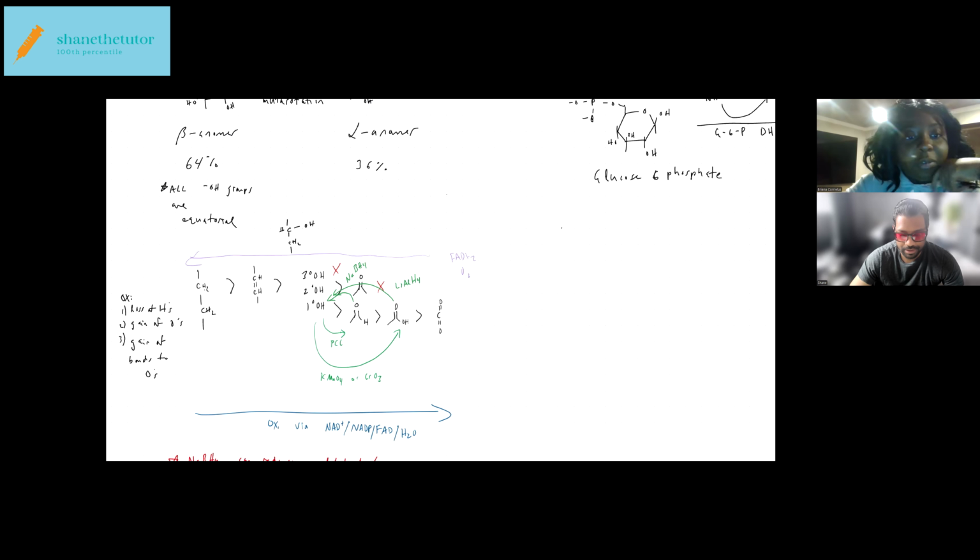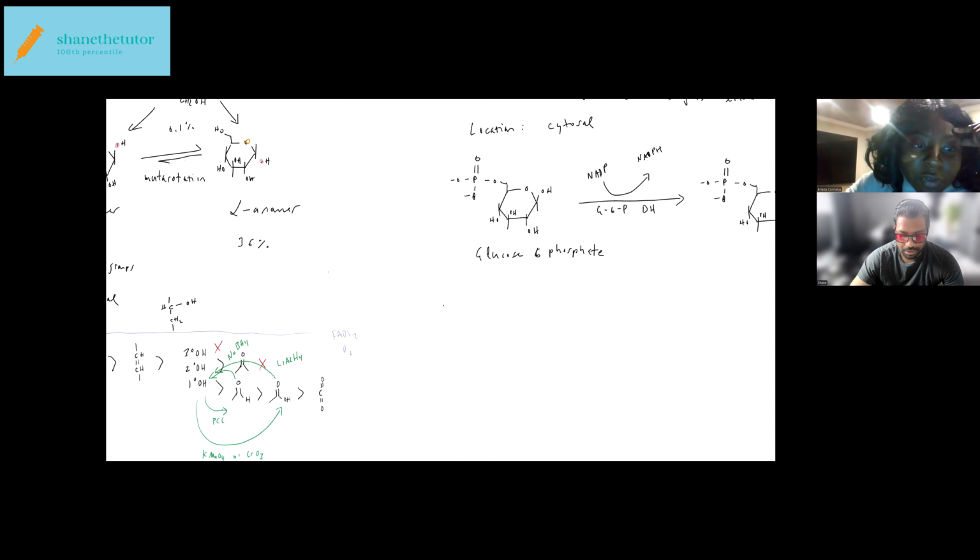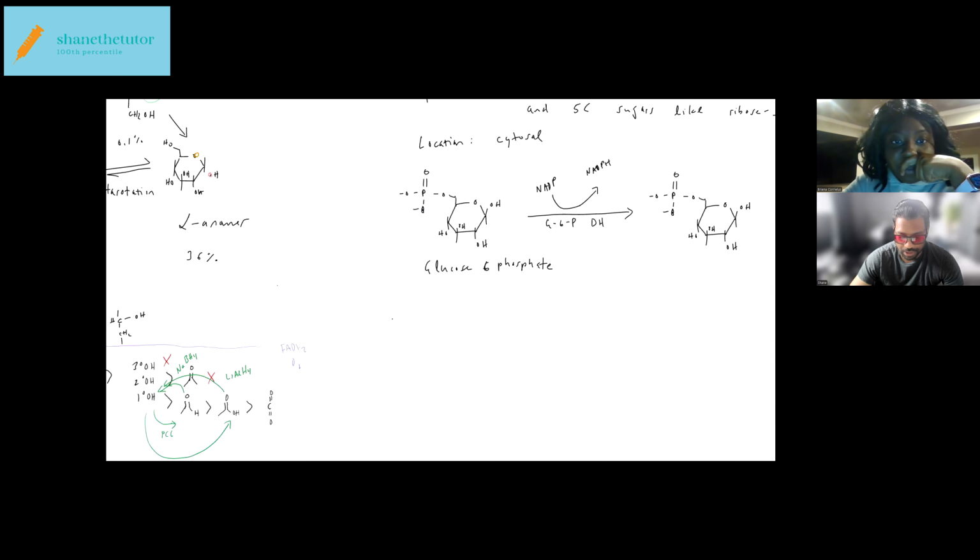And those could be oxidized into a carboxyl. So what type of hydroxyls do we have in glucose 6 phosphate? Do you have primary alcohol, secondary, tertiary?